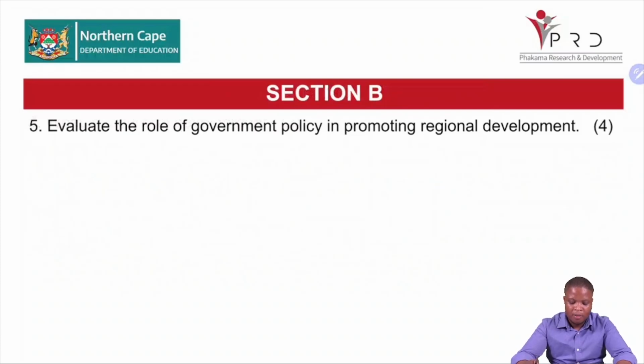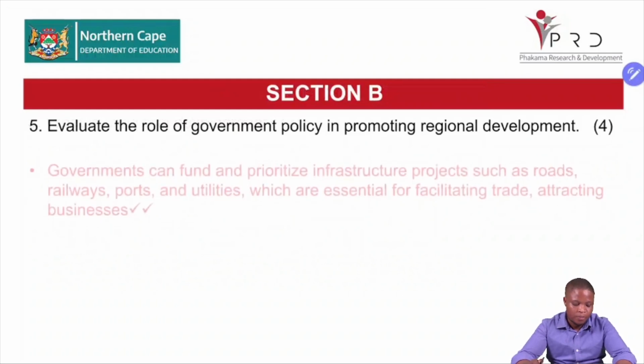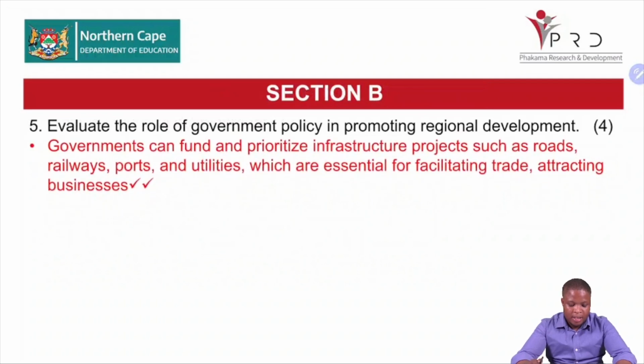Evaluate the role of government policy in promoting regional development. What does the government policy do in promoting regional development? There are so many policies that the government came up with to do what? To improve regional development. So when they say evaluate, you're going to say the success or not successful. Government can fund and prioritize infrastructure projects such as roads, railway, ports, and utilities, which are essential for facilitating trade and attracting businesses.